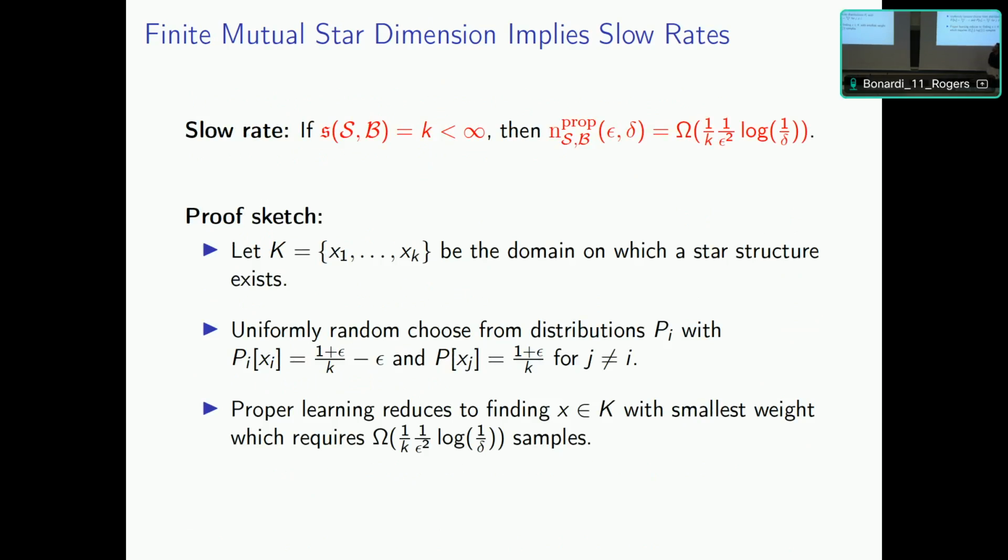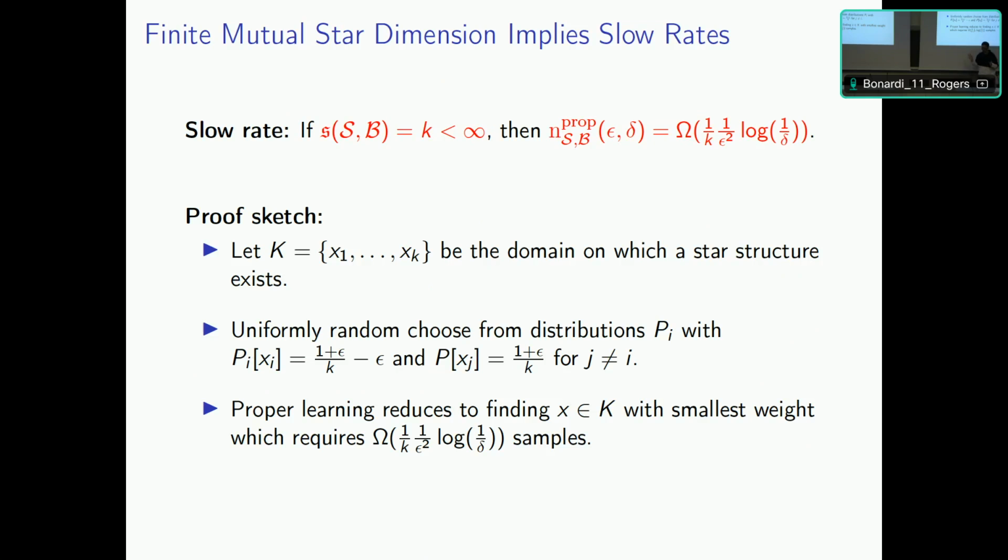Now we show how we can get slow rates. So the theorem is that if the mutual star dimension is finite, we get a rate of 1 over epsilon squared inevitably. The way the proof works is that, consider a star that is defined on a set of size k, and consider the set of distributions that are almost uniform on this set, but one of them has a mass of epsilon less than the others.